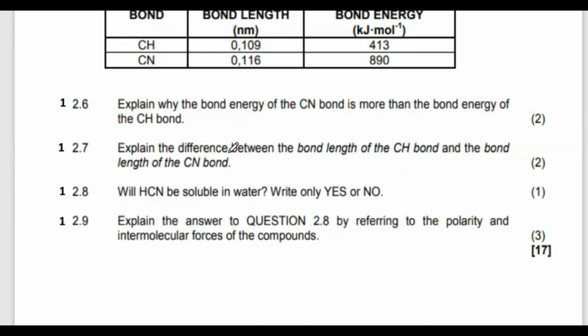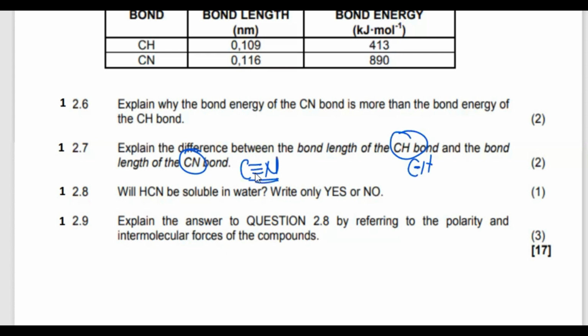Now, when they say explain the difference between bond length and bond energy, the bond length of this and the bond length of this: the bond length here is C, but it's a single bond, while this one is a triple bond.